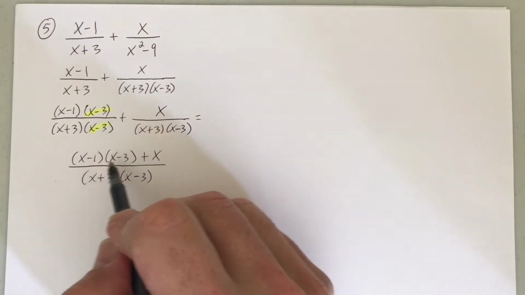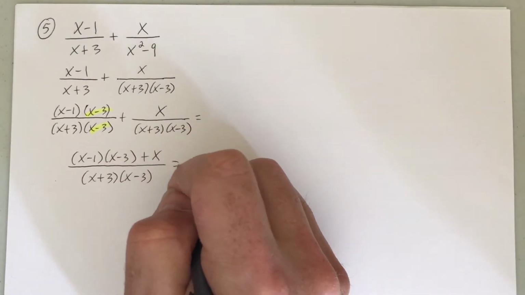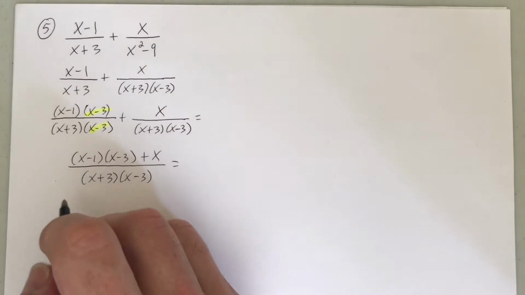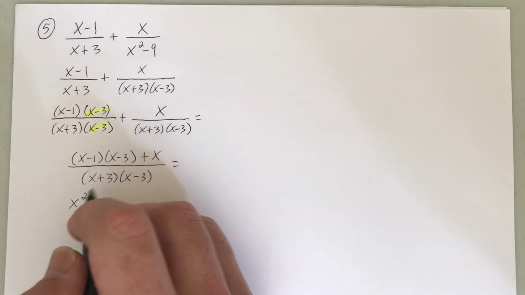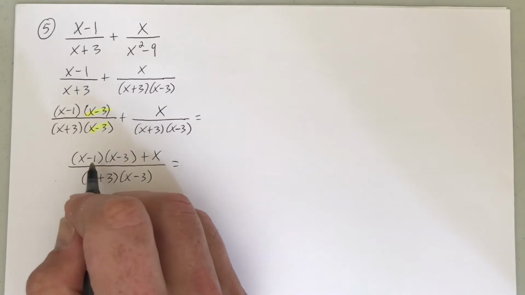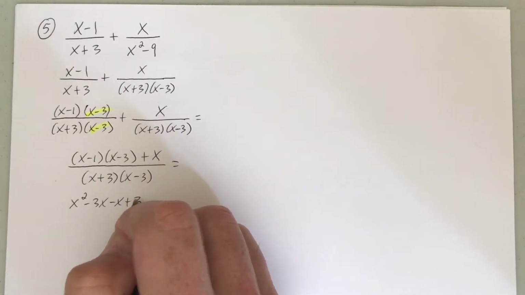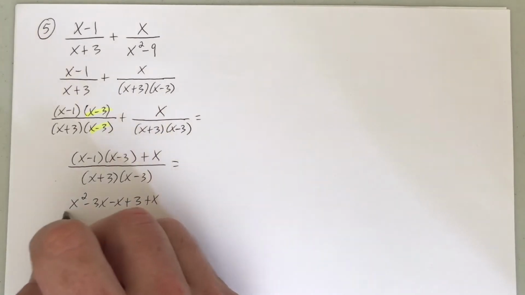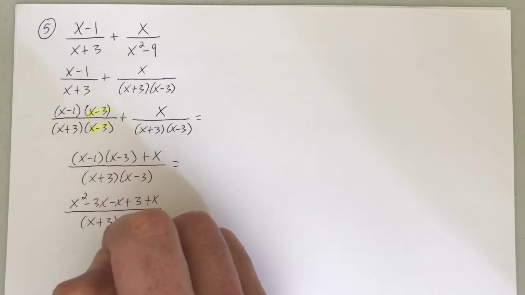And now we're going to need to do the distributive property, or multiply here. I got x times x is x squared. x times negative 3 is minus 3x. Negative 1 times x. Negative 1 times negative 3. Still have my plus x, all over my common denominator.